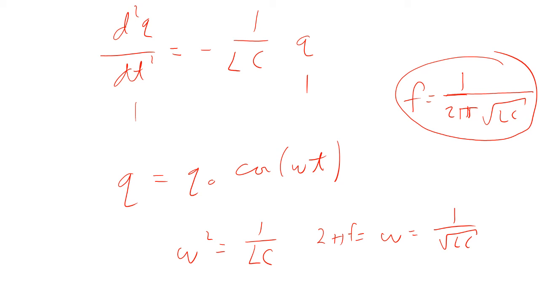You know from our discussion of harmonic oscillators in Physics 1 that if you add energy to a harmonic oscillator at the resonant frequency it wants to oscillate at, you just increase the energy in the oscillator. The energy in a harmonic oscillator is basically 1/2 k x squared.